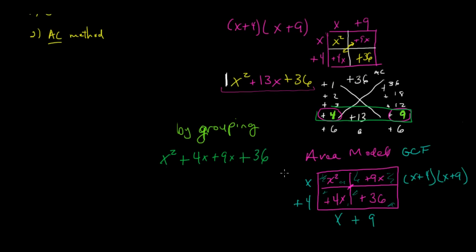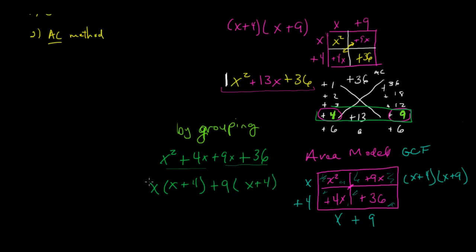Now I have four terms, and I have a greatest common factor between these two terms and a greatest common factor between these two terms. Here, that greatest common factor is x, and I'm left with x plus 4. Here, that greatest common factor is a positive 9, and I'm left with x plus 4.